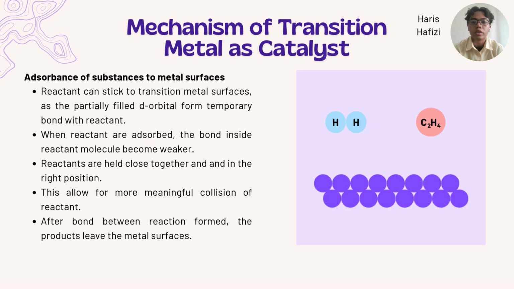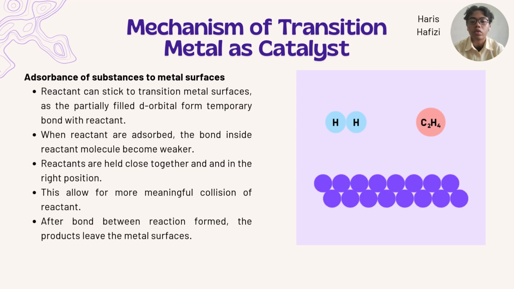Next is the adsorption of substances onto transition metal surfaces. Because a transition metal has partially filled d orbitals, it allows for a temporary bond to be formed with the reactant. For example, here we have a hydrogen molecule and an alkene. Usually, the transition metal chosen for this reaction is nickel or platinum.